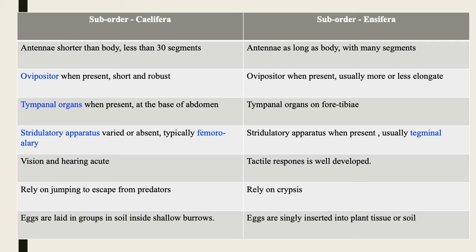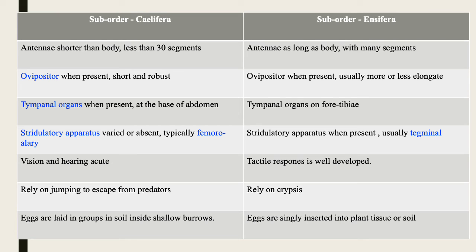Okay. So the next difference is the tympanal organs. Tympanal organs, when present in Coelifera, are situated at the base of the abdomen, while in Ensiphera tympanal organs are found on the fore tibiae, part of the leg. What is a tympanal organ?